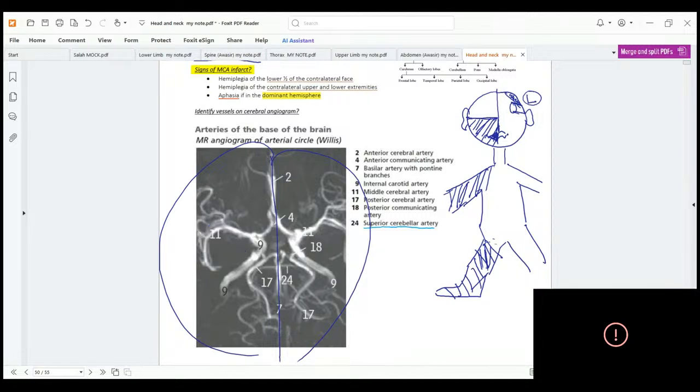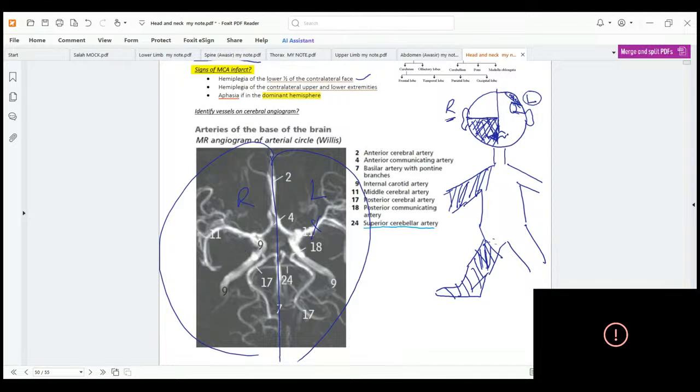If this side is occluded, I am occluding the middle cerebral artery here. This is the left side and this will be the right side. So left-sided middle cerebral artery occlusion will cause right-sided hemiplegia of the lower half of the face.